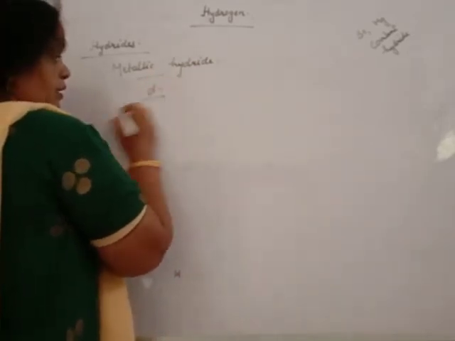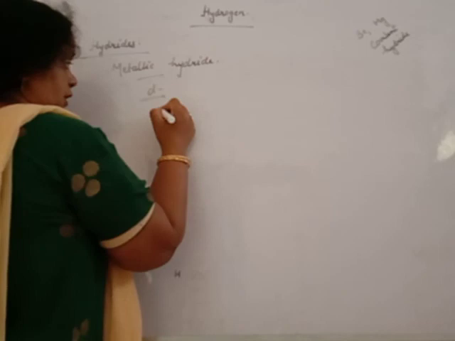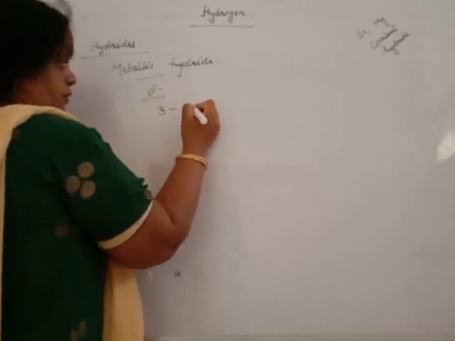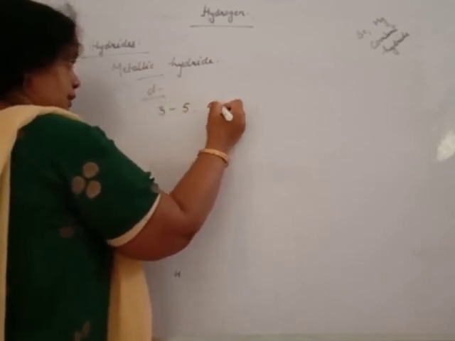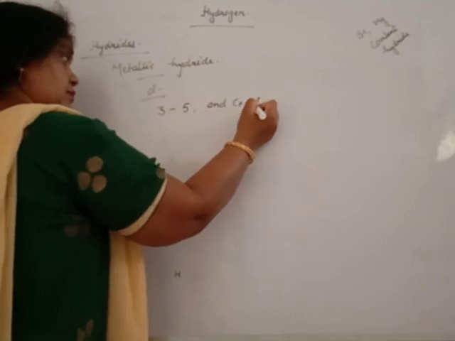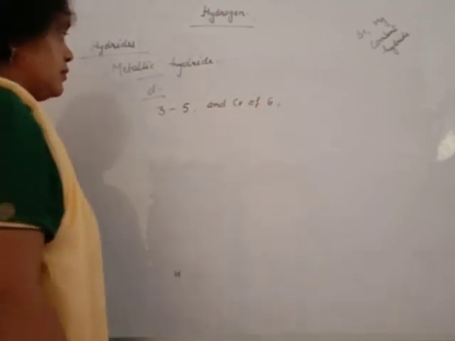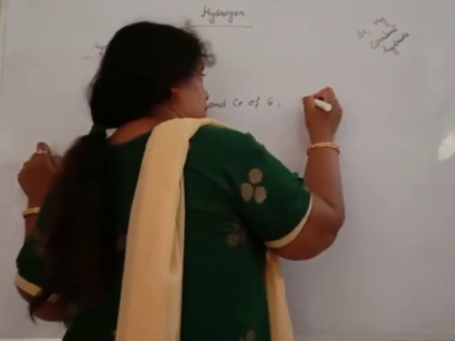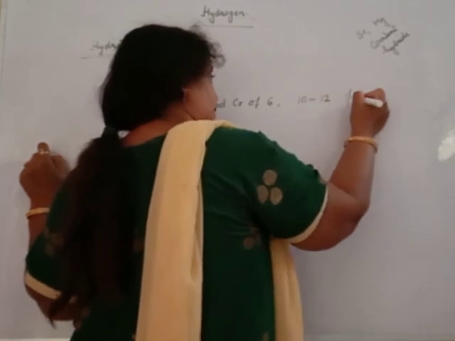Then groups 3 to 5 and chromium of group 6, and groups 10 to 12 form hydrides.